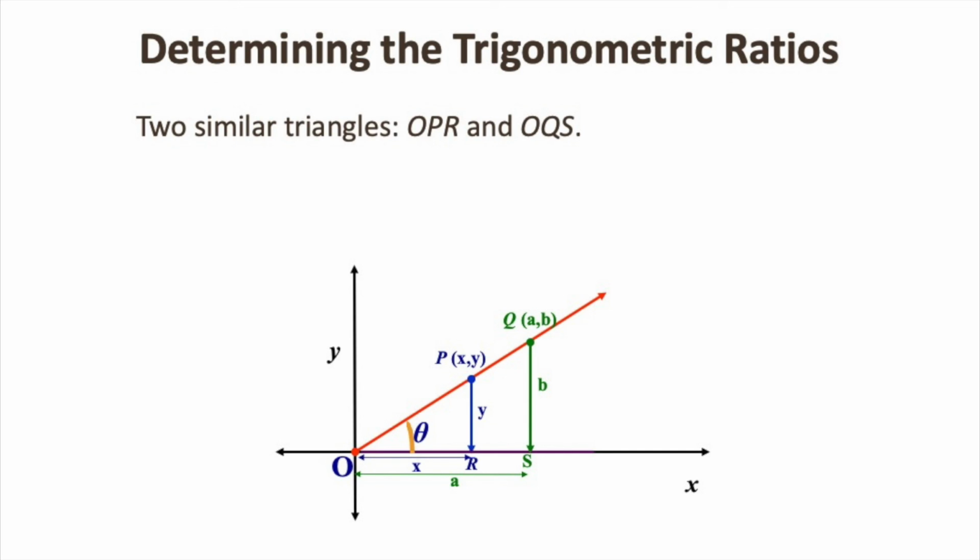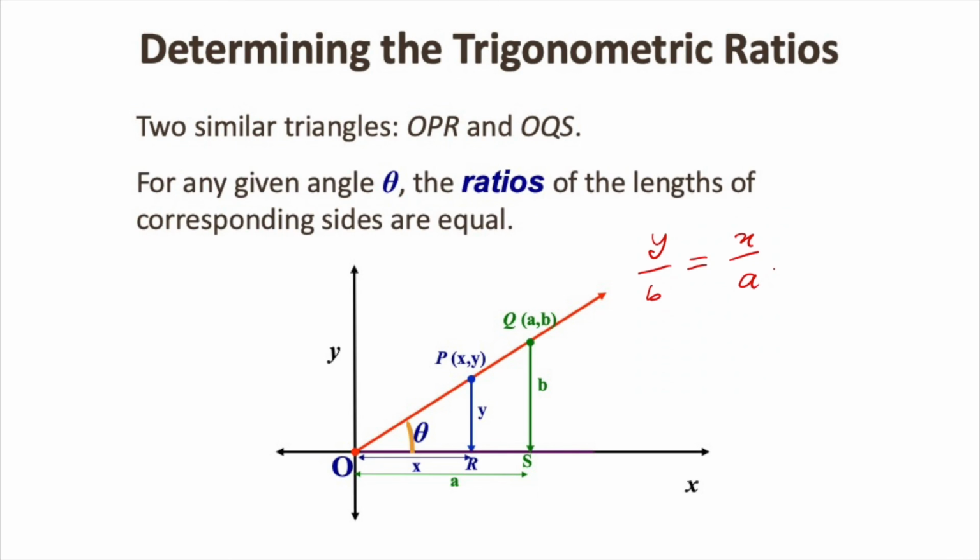Because they are similar triangles, I can write an expression for the sides, and that is, I can say that y over b is equal to x over a, because sides of similar triangles are proportional.